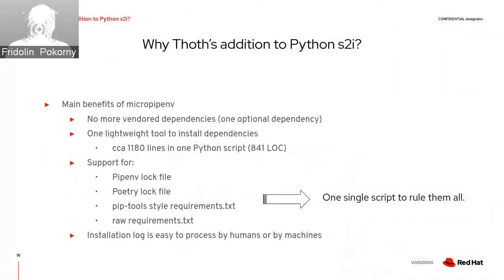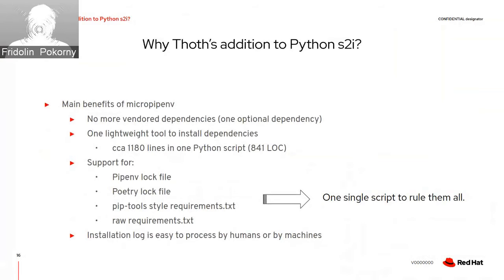The main benefit of using micropipenv is that there are no more vendor dependencies. Micropipenv is really lightweight. It has just one optional dependency, and that optional dependency is TOML for parsing TOML files like Pipfile, poetry.lock, or pyproject.toml.